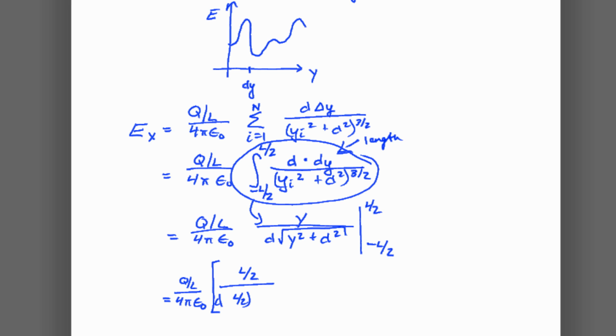Every time you see a y, we'll plug in L over 2. And then minus, every time you see a y, plug in negative L over 2.